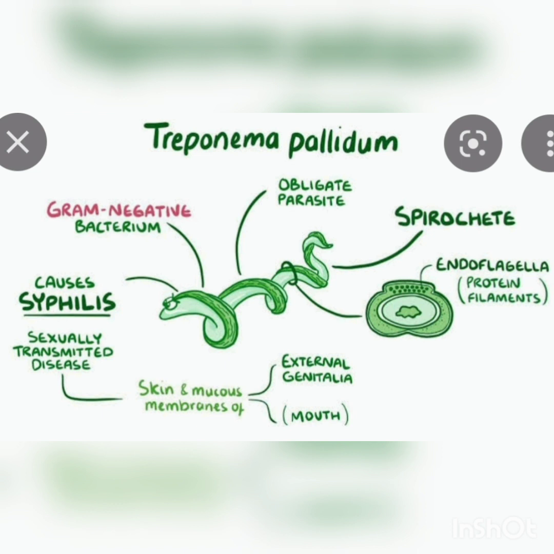Next, let us discuss the laboratory diagnosis of Treponema pallidum infection. If you carry out blood investigations, there will be leukocytosis, that is increased WBC count, because of Treponema pallidum infection.